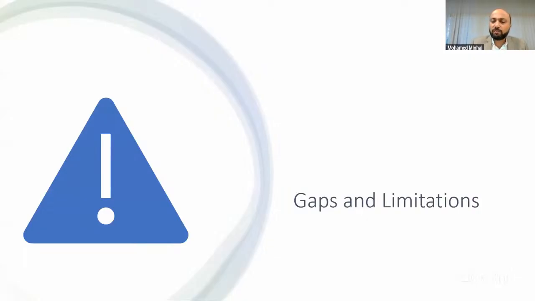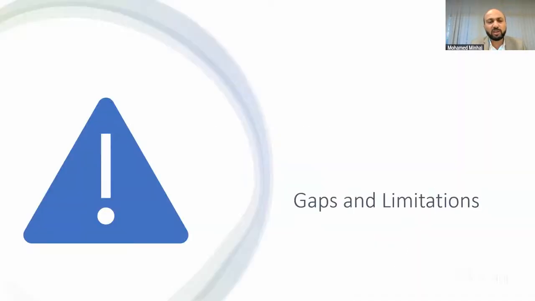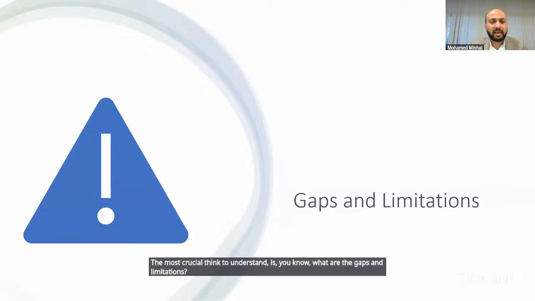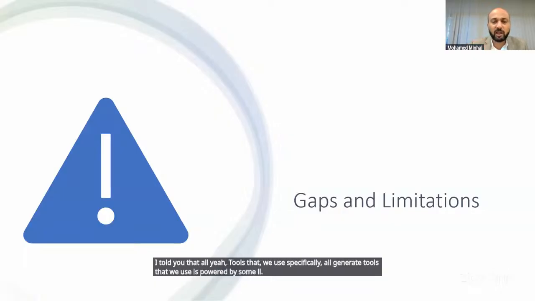When you're using any of these tools, either standalone or integrated, the most crucial thing to understand is, what are the gaps and limitations? And these gaps and limitations come from which algorithm is powering it and what is the knowledge base which is powering it. I repeat, all AI tools that we use, specifically all Gen AI tools, are powered by some LLM, large language model, right?